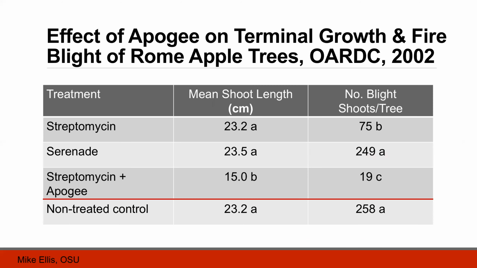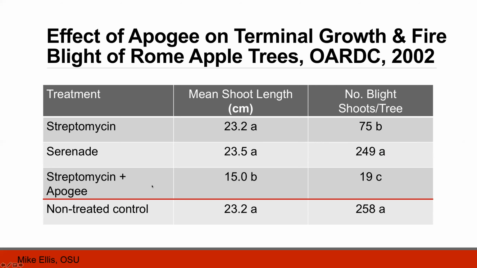In 2002, Dr. Mike Ellis did a trial in order to look at the effect of Apogee on both mean shoot length and the number of blighted shoots in a tree. And so he evaluated streptomycin, Serenade, streptomycin plus Apogee, and then a non-treated control.